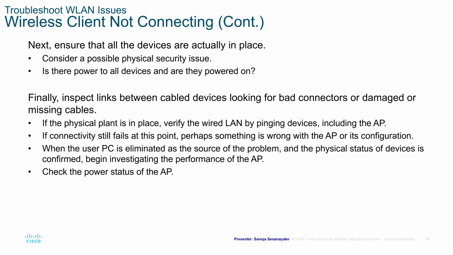So the next thing we need to do is ensure that the devices are actually in place. Consider the possible physical security issues. This could be some threat actor disconnecting a network device, such as an access point, or somebody physically destroying your access point. That could be another reason.